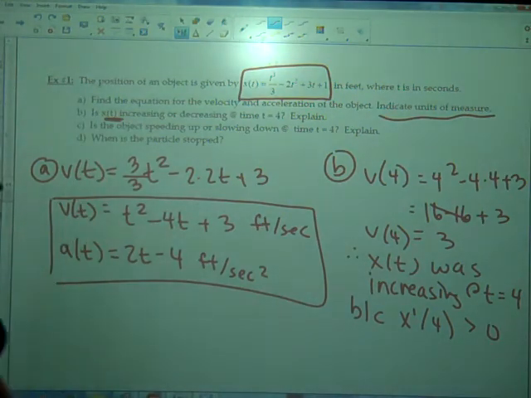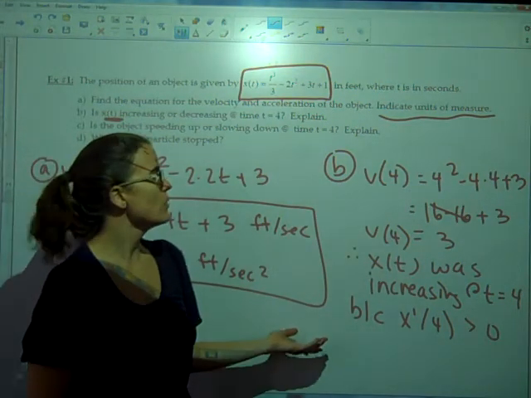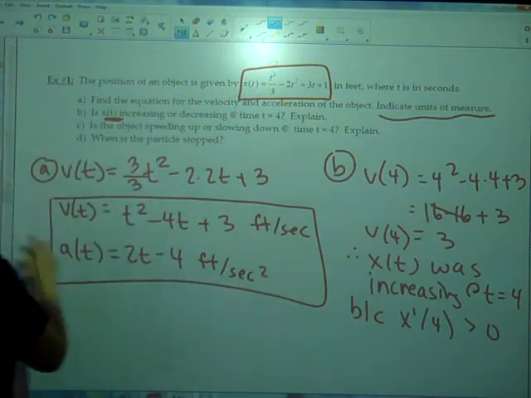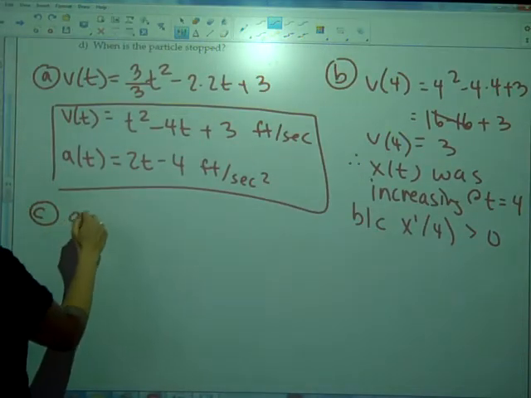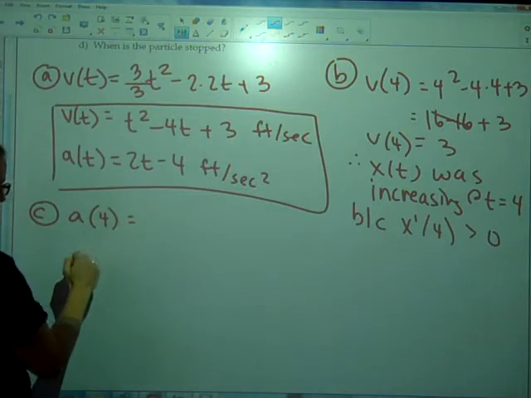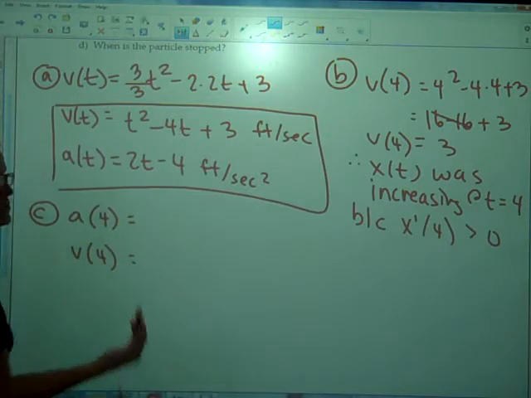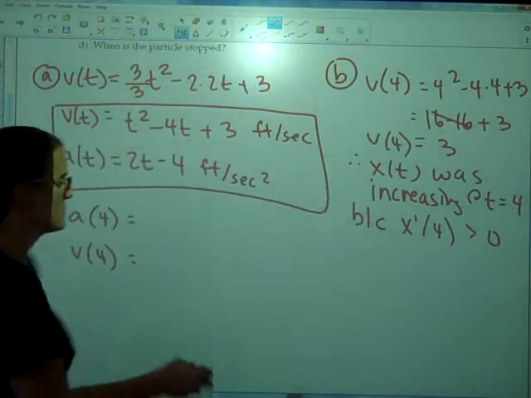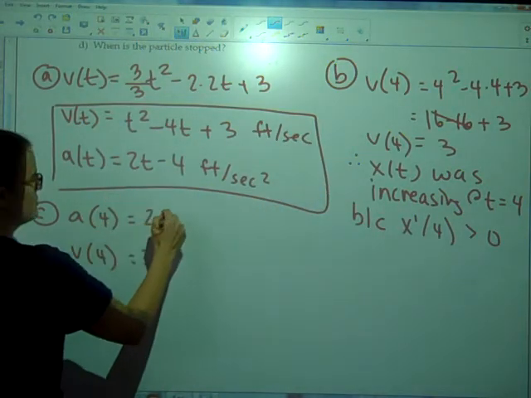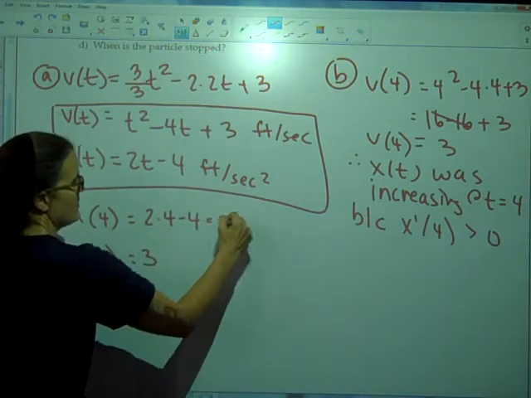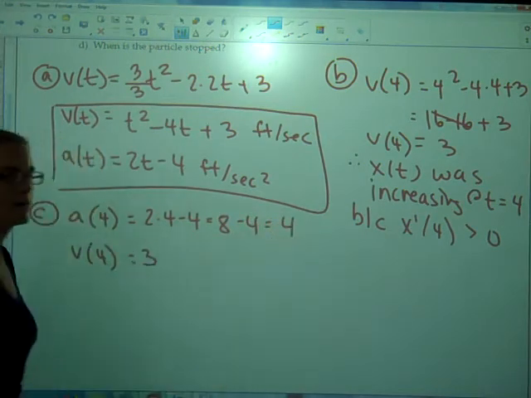Part C: is the object speeding up or slowing down at time t equals 4? We need to explain. It is not enough just to look at the acceleration at 4. We also need to consider the velocity at 4, which we just found in part B. The velocity at 4 was 3. The acceleration at 4 is 2 times 4 minus 4, 8 minus 4, which is 4.